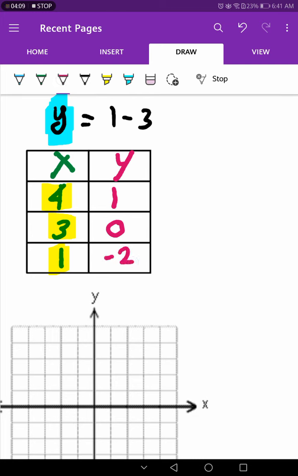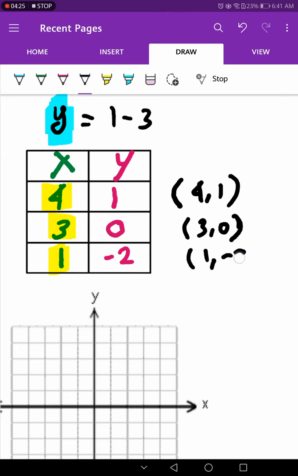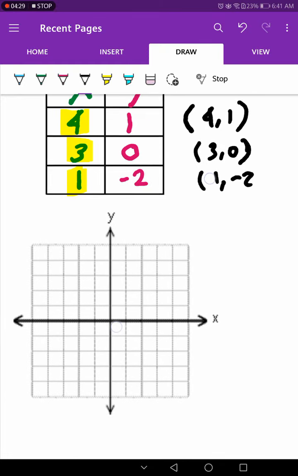Now, I created 3 ordered pairs actually. The first ordered pair is 4 and 1. The second ordered pair is 3 and 0. And the third one is 1 and negative 2. And I have to plot those values, or what do we call them?